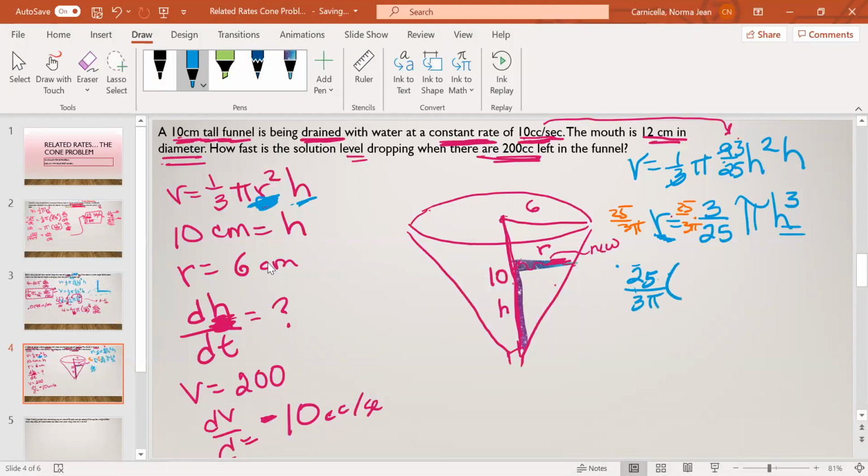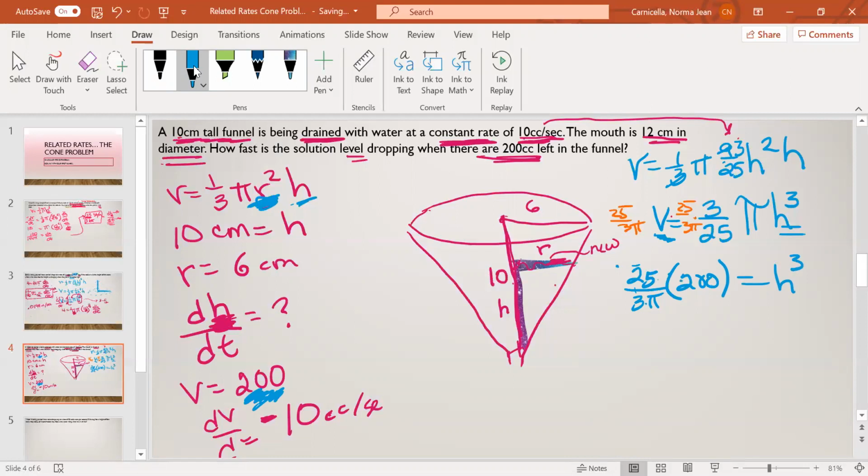What is the volume? I got stuck for a second. Oh yeah, there's the volume. This volume looks like an R, I got to change that. So 25/3 pi times 200 is equal to H cubed.